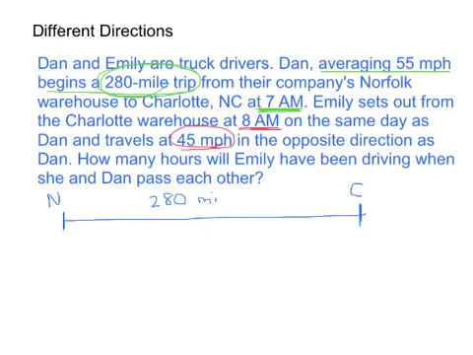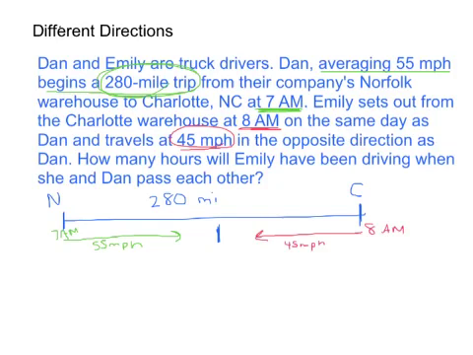Dan is setting out from Norfolk, going towards Charlotte at 55 miles per hour, and he's going to leave at 7 a.m. Emily, leaving from Charlotte, is going to go towards Norfolk, going 45 miles per hour, and she leaves an hour later, so at 8 a.m. We want to know what happens when they meet, which is going to be somewhere in the middle, a little bit closer to Charlotte because Emily's driving more slowly, and she's leaving later.